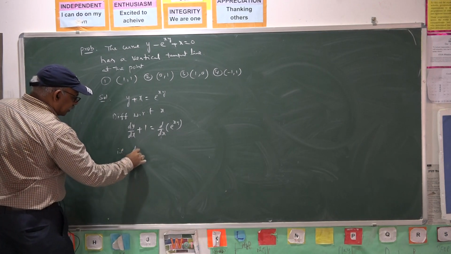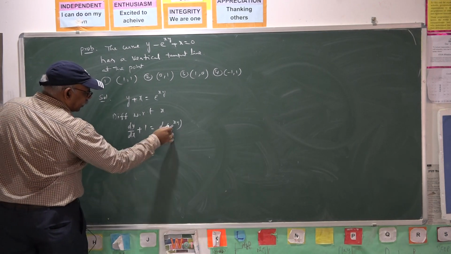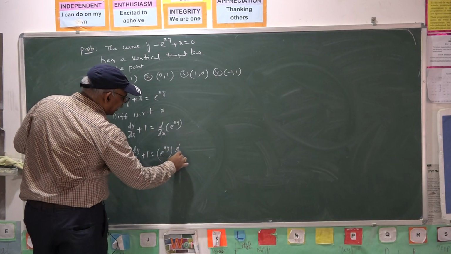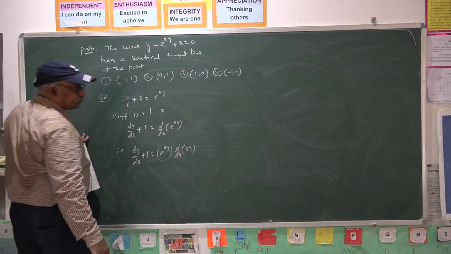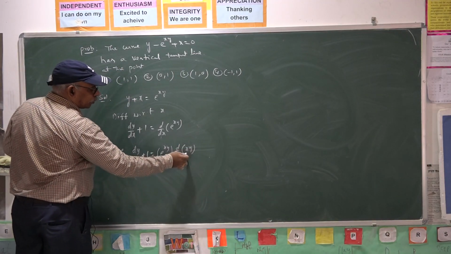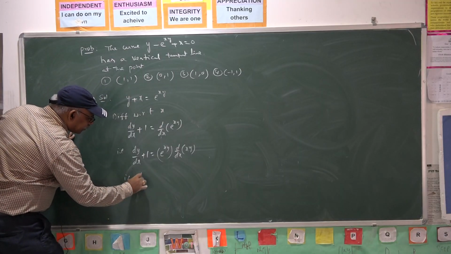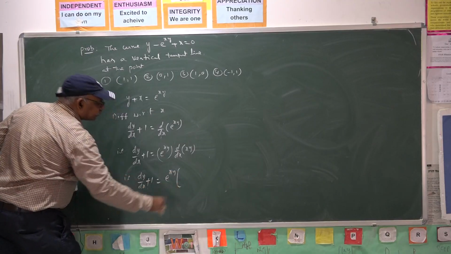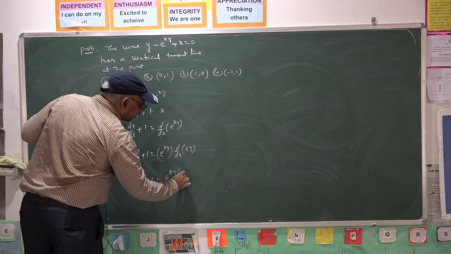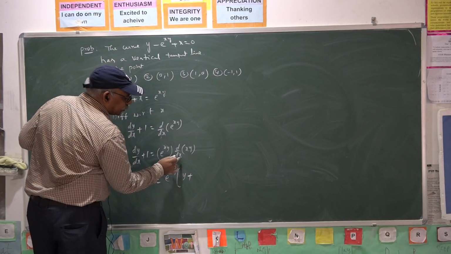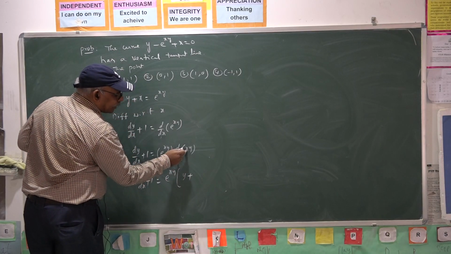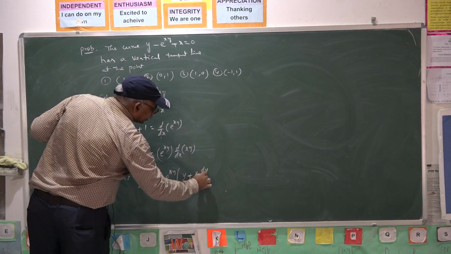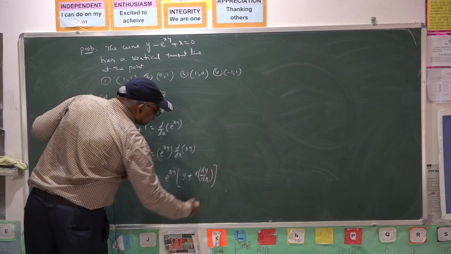For the exponential function, the derivative is e power xy into dy by dx of x into y also. Again you have to take the product rule here. That gives us dy by dx plus 1 equal to e power xy into, taking the product rule, derivative of x with respect to x, we get 1 into y plus x into the derivative of y with respect to x. So here also dy by dx follows.